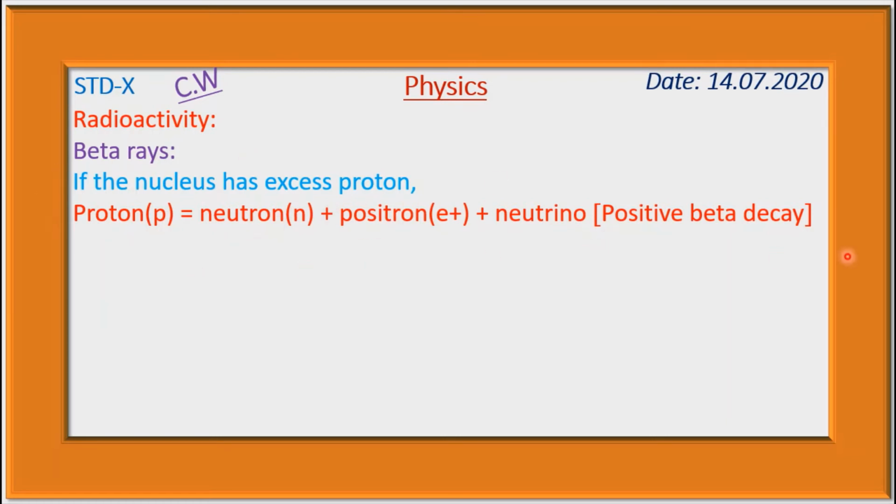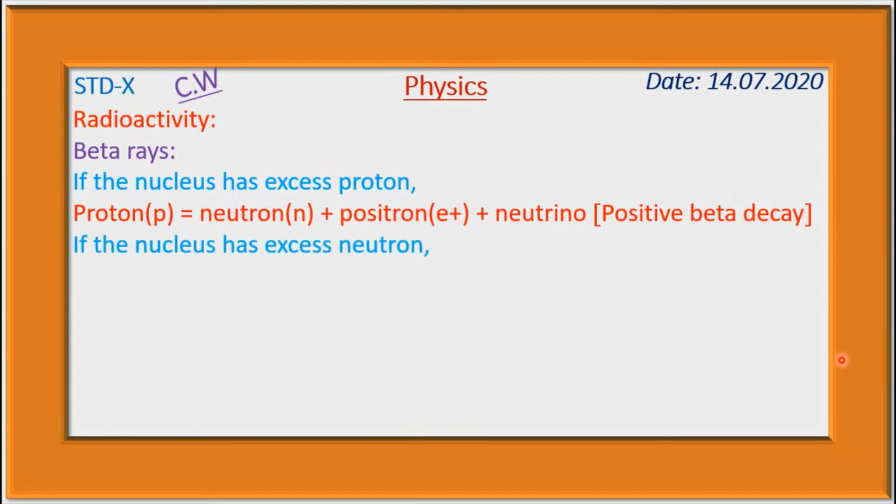This is known as positive beta decay because here a positron will be emitted from the nucleus. Here the proton breaks down and forms a neutron, a chargeless particle, a positron, the antiparticle of the electron, and a neutrino.